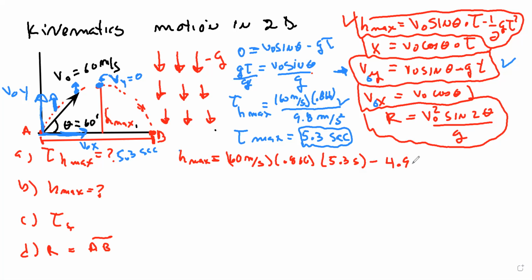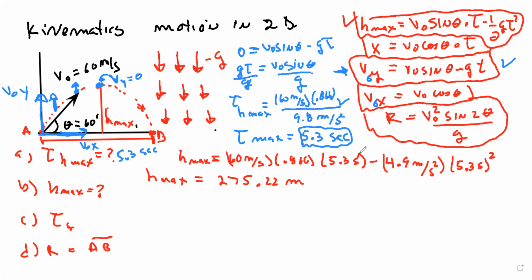4.9 meters per second squared, which is g divided by 2. And now we do have the time, which is 5.3 seconds squared. So the maximum height, if we solve all this math, this first part is going to be 275.22 meters.